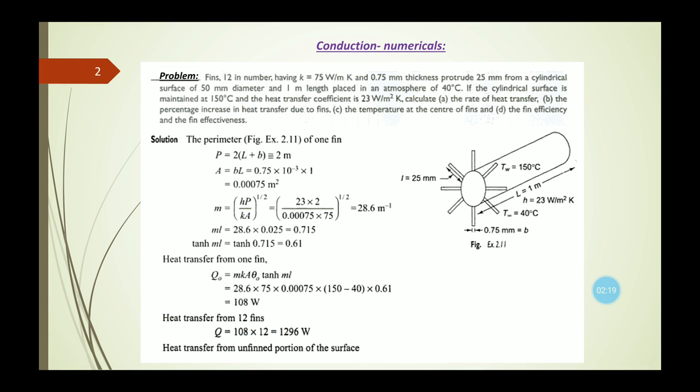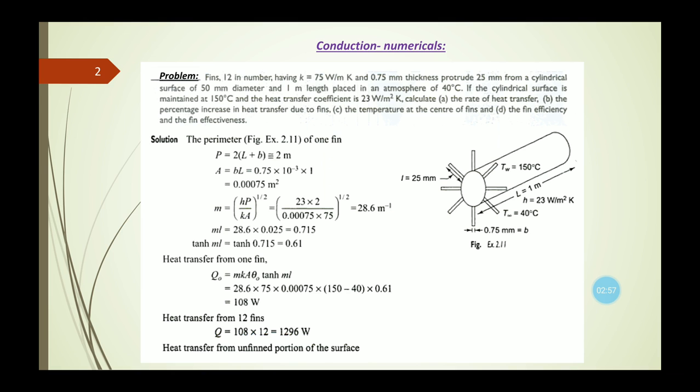So this is the first numerical that we are going to discuss. What it states is that 12 fins having thermal conductivity 75 watt per meter Kelvin and 0.75 millimeter thickness protrude 25 mm from a cylindrical surface of 50 mm diameter and 1 meter length, placed in an atmosphere of 40 degrees centigrade.